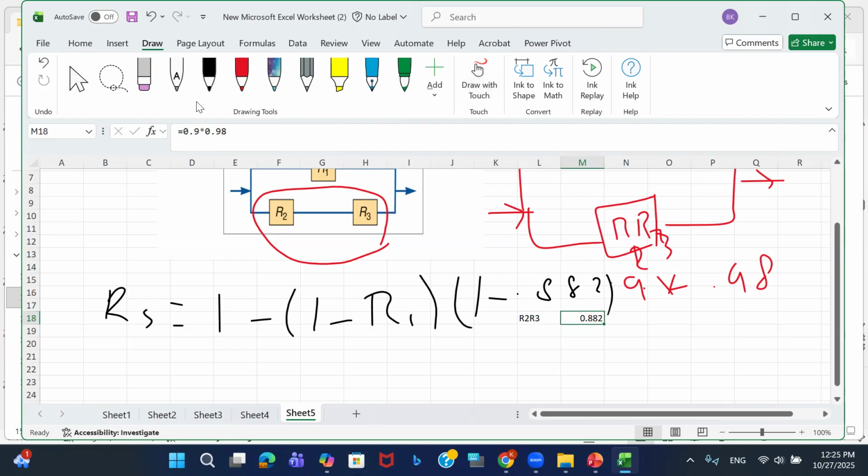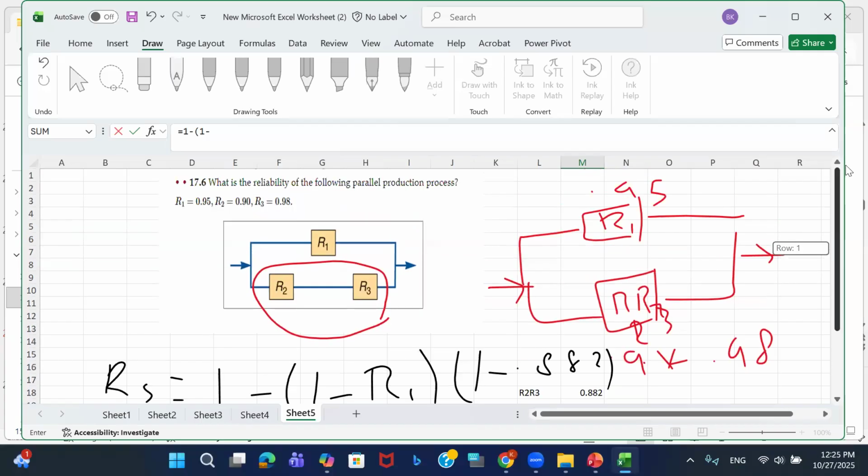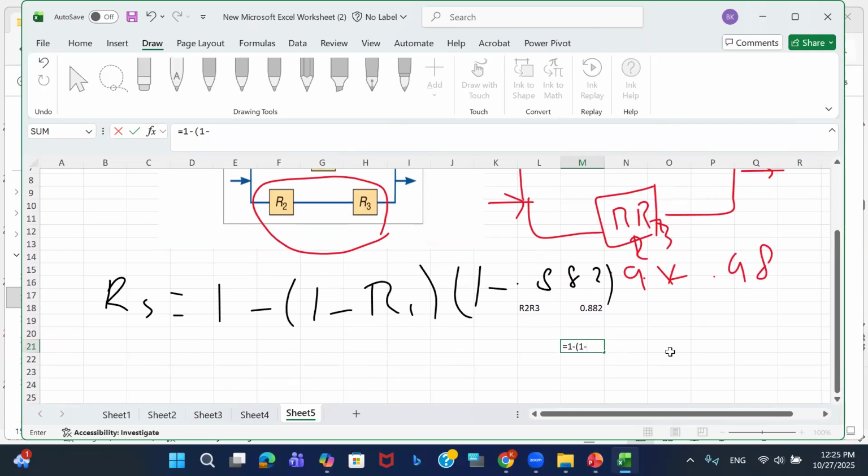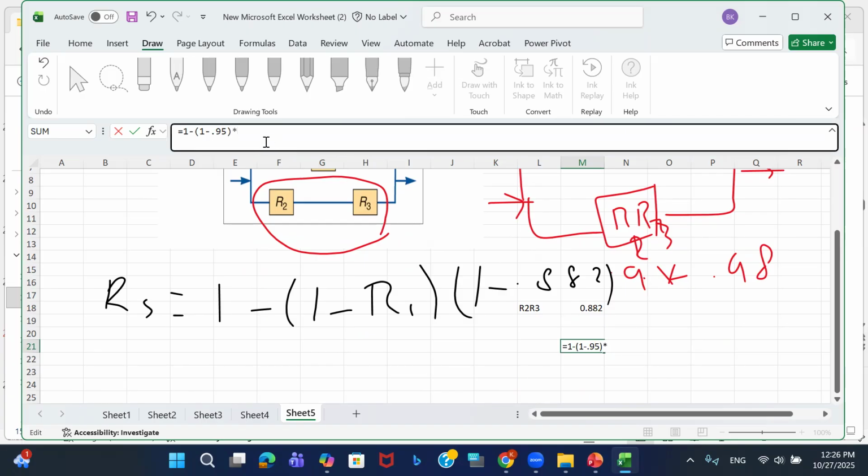So let's do this here. Equal to 1 minus, how much R1 was? 0.95. Okay, I close this and then times 1 minus the answer from here.